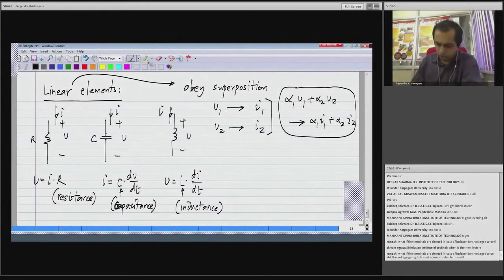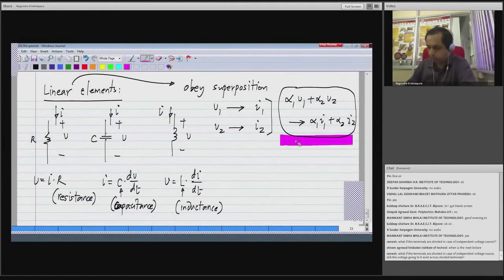Now all of these are linear elements. In case of the resistance, it's pretty obvious why it is linear: the relationship is proportional, and that will give you linearity. In case of capacitance and inductance, the time derivative is a linear operator, and hence these elements are also linear, which means that they will follow this principle.